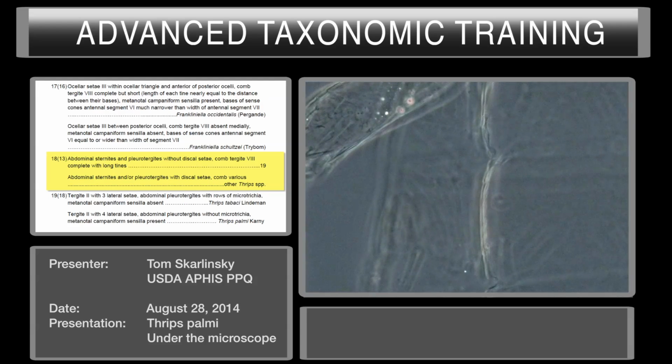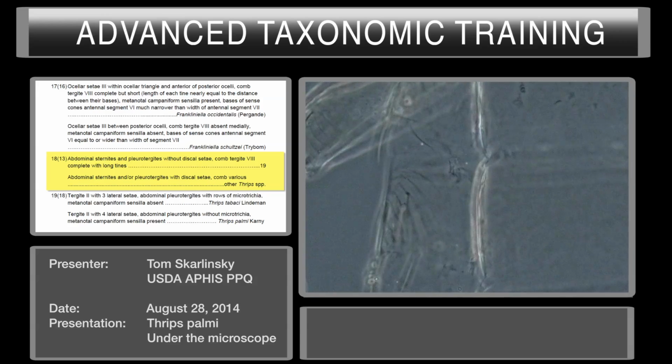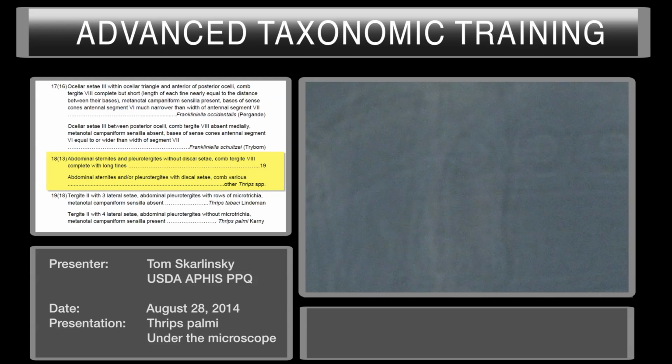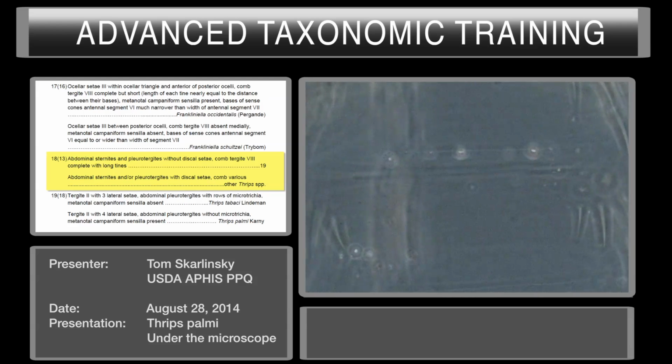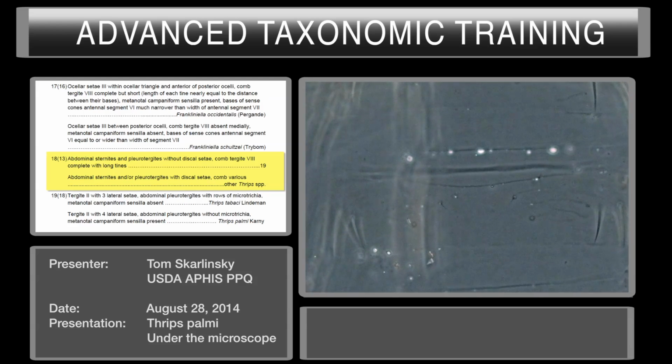The other characters, we're going to look at the pleural tergites. Now the pleural tergite is on the side right here. And I've always found that this is a structure, an actual character, that's difficult to see.